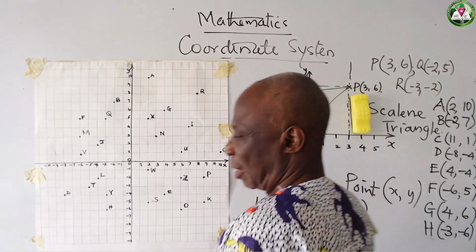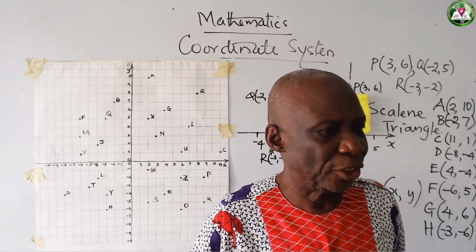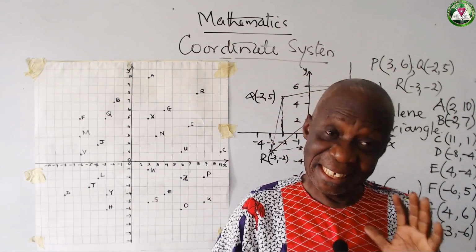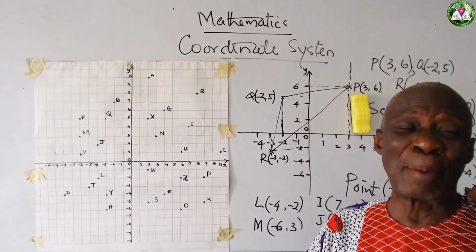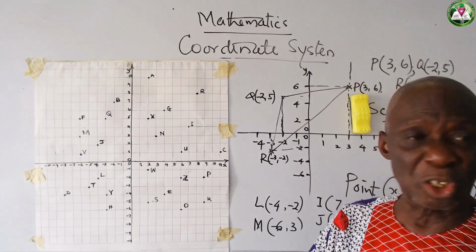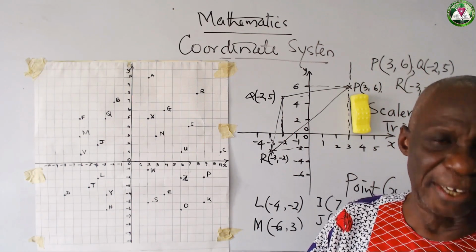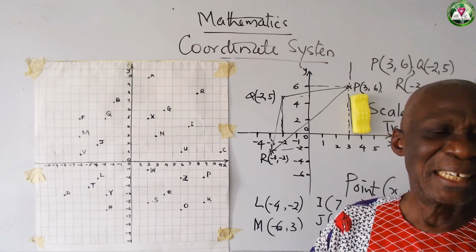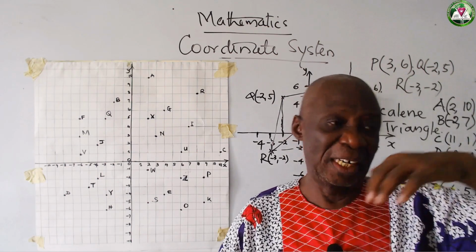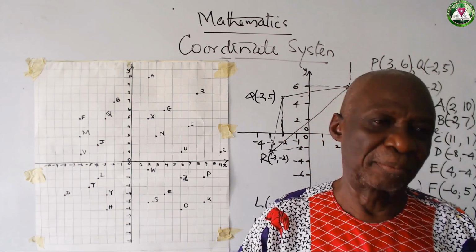So, out of the 26 alphabets, we have taken 13. And we have drilled this very well so that by the next time we do simultaneous equations, you will be able to get the points. Once we give you the points, you will know whether the points are in the 1st quadrant, or in the 2nd quadrant, or in the 3rd quadrant, or in the 4th quadrant.